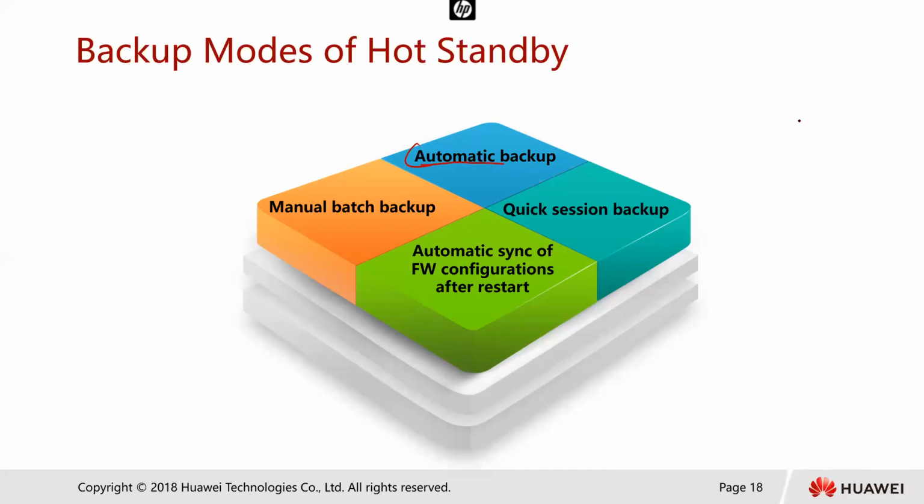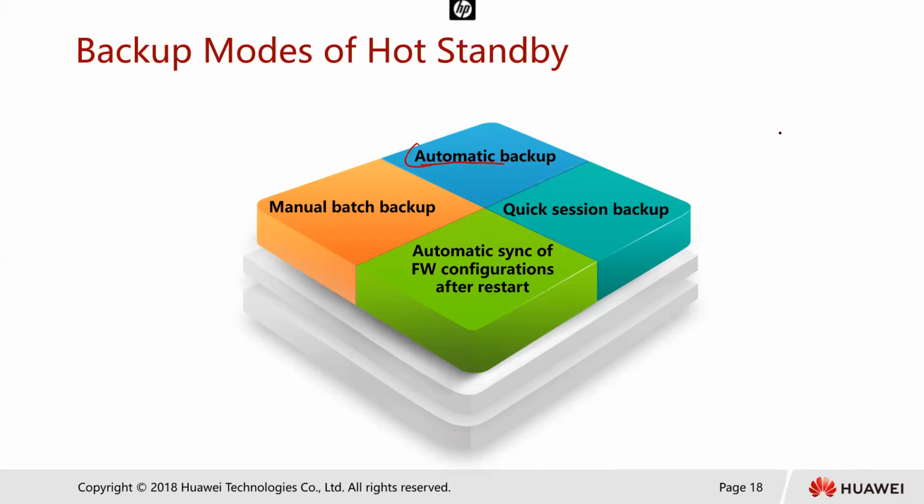By default, automatic backup is enabled on the firewall to automatically back up configuration commands in real time and status information regularly. This backup method applies to various hot standby networks. After this backup is enabled, every time you execute a command that can be backed up on the firewall, the command immediately backs up the data on other firewalls within your group.